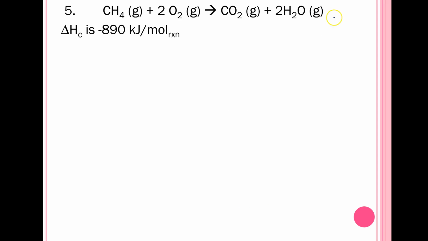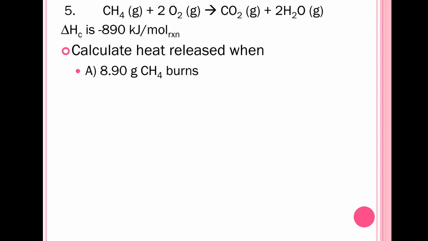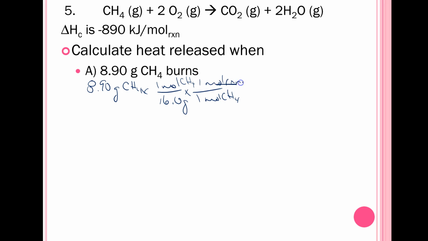So here's a balanced chemical equation. It's combustion of methane. The enthalpy of combustion is negative 890 kilojoules per mole of reaction. So to calculate the heat released when 8.9 grams of methane burns, start with the 8.90 grams CH4, 16 grams, 1 mole, and then balanced equation, this is CH4. 1 mole of CH4 gives me 1 mole of reaction, and then 1 mole of reaction gives me negative 890 kilojoules.